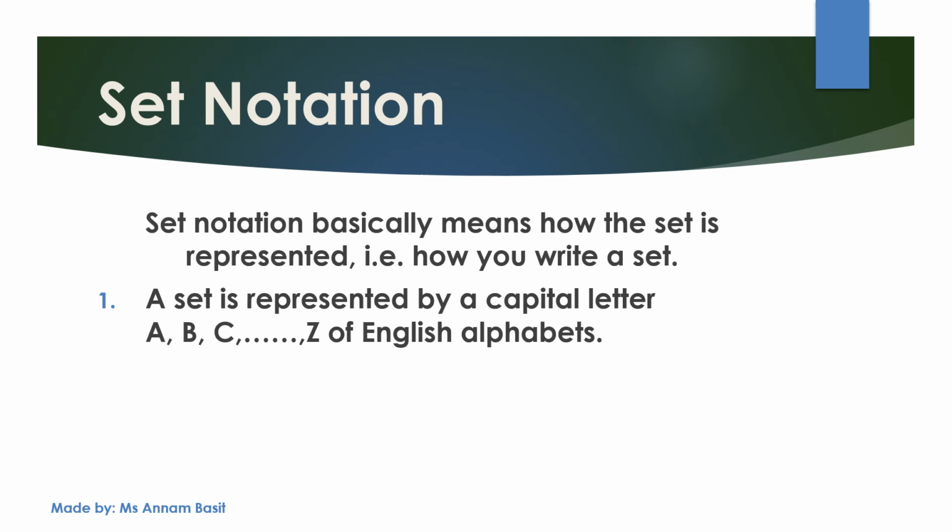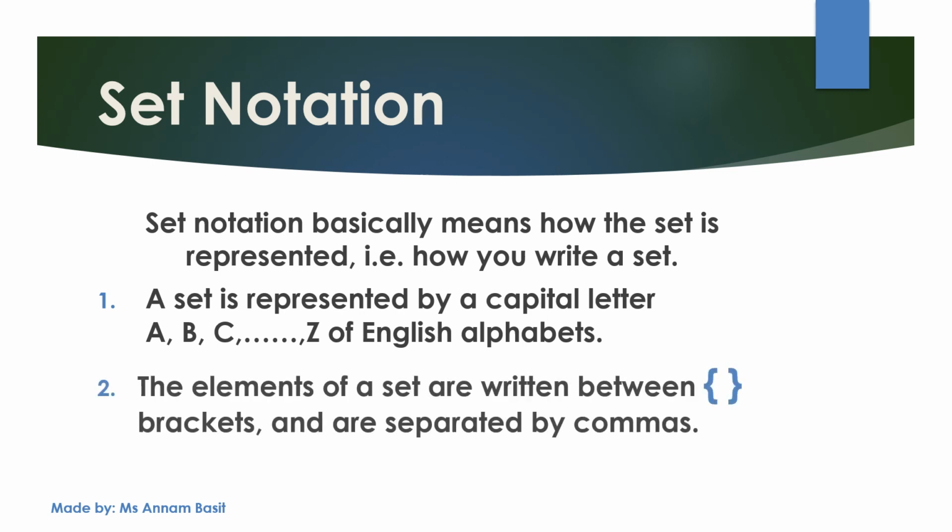You cannot write the name of a set with small letters. Small letters are only written inside the set as elements. Second, you have to write the elements inside curly brackets, and each element should be separated by commas.